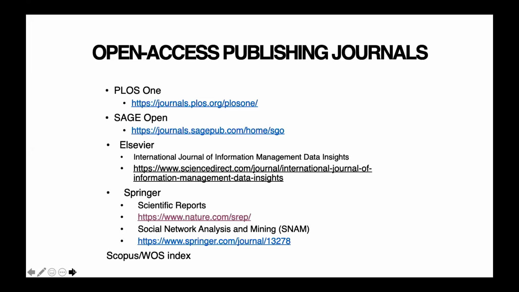Okay, and then sometimes you have to go through the researcher to get the papers, but open access is a good advantage to make sure that our paper can easily be cited by other people, downloaded, and used by other researchers. Examples of open access journals are PLOS ONE, SAGE Open, the Elsevier platform, Springer, and Scopus as well.